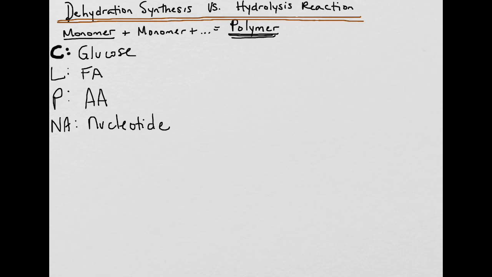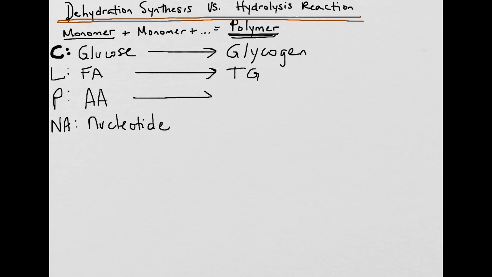So what would the polymer of glucose be? Well, there's a few of them that we learned. An example would be glycogen. An example of a polymer of lipids, you could say a triglyceride, since we're going to hook 3 fatty acids to a backbone of glycerol. Proteins, amino acids are the monomer.